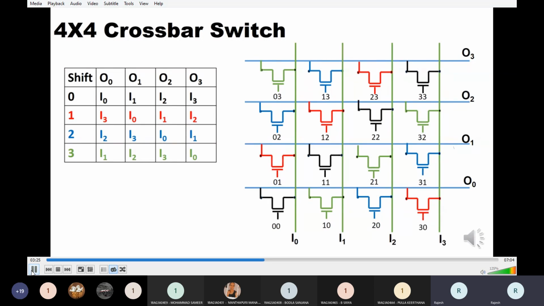If that is the case, all the transistors are on and all the input lines are connected to all the output lines, and hence the meaning of a data shifter is lost. So now we will see how to overcome this, and that will lead to the topic of barrel shifter.